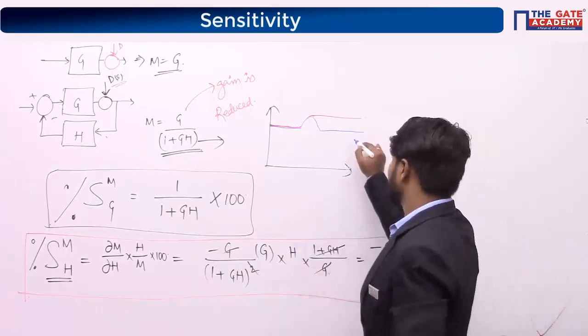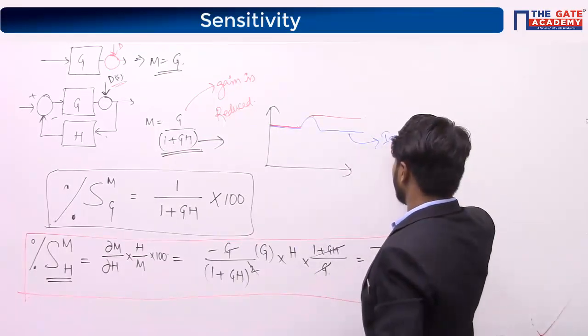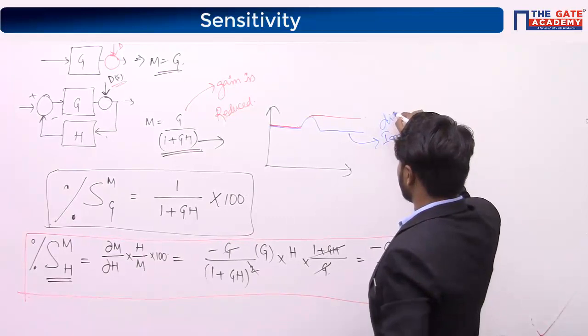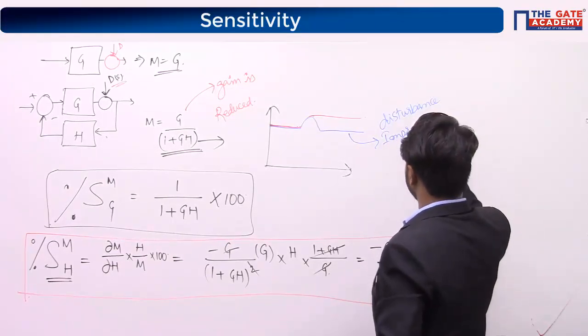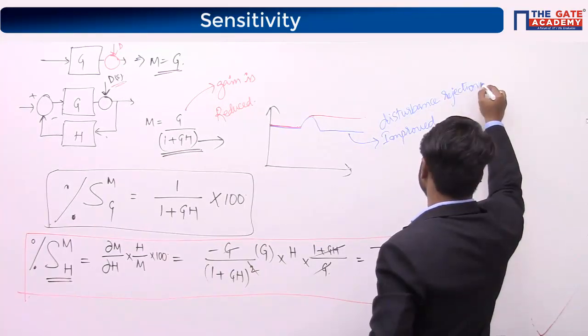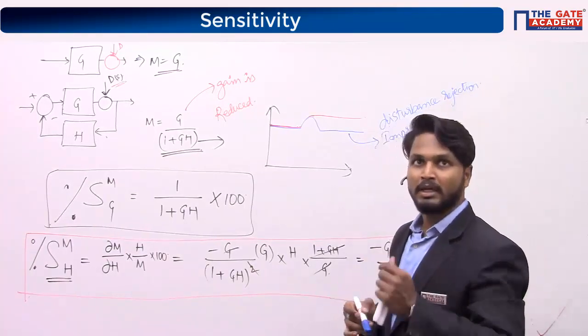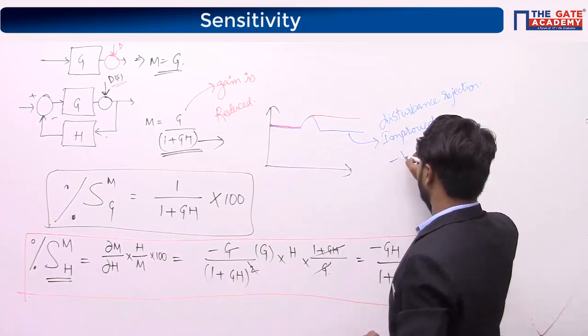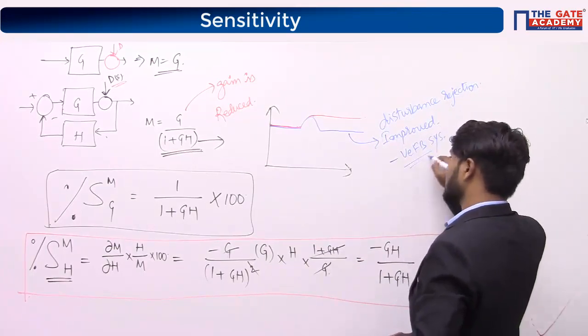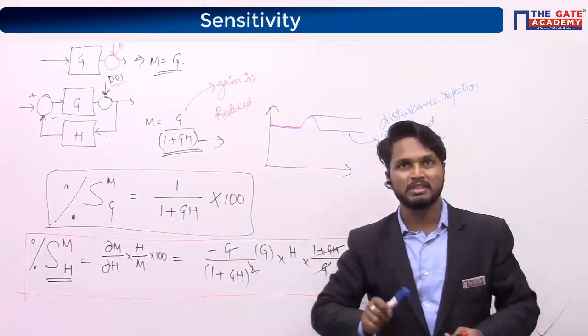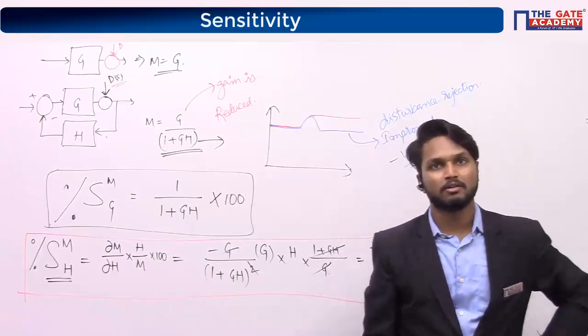What is improved? Disturbance rejection. In which system? In the negative feedback system. Therefore, option C cannot be the correct answer also.